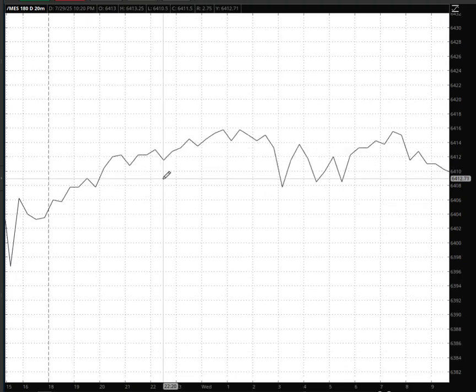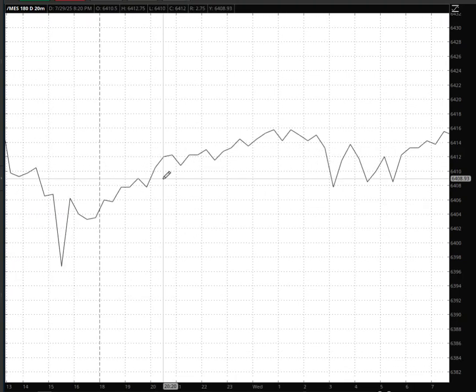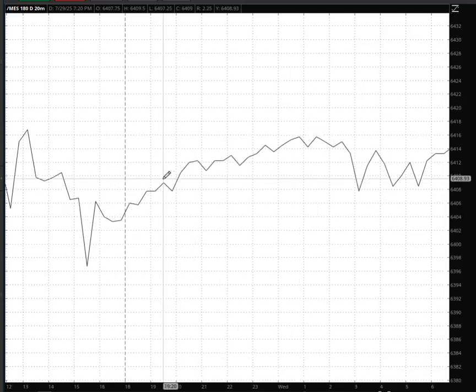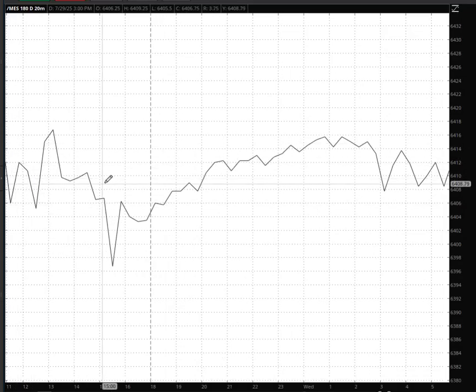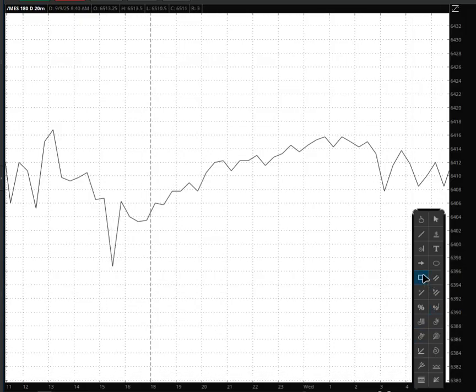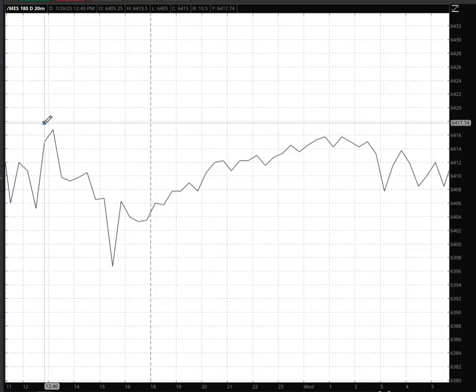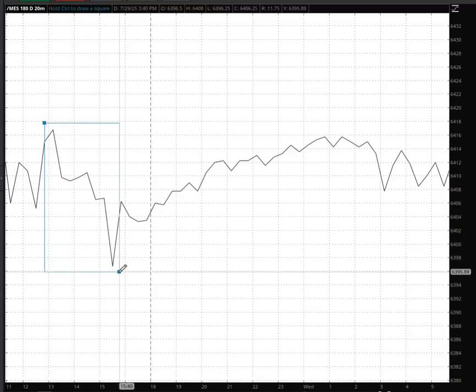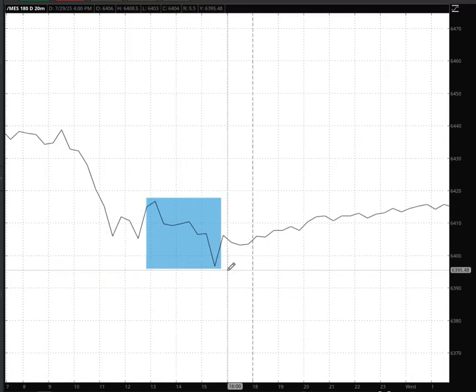Now, this one here, kind of like a similarity. 1, 2, 3, 4, 5. We can mark that as a reminder. Again, we're looking for similarities versus a standalone fractal.